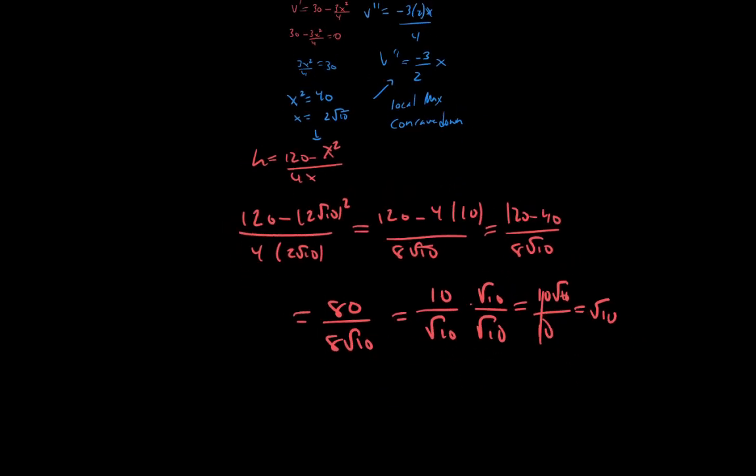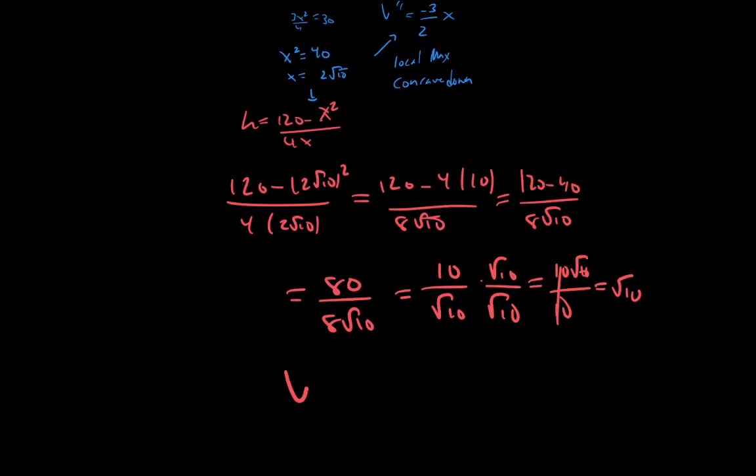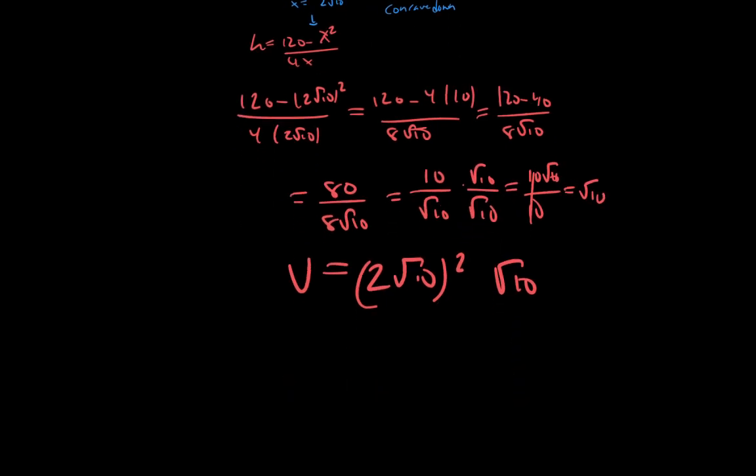for our H. So then our volume was 2 root 10 squared times H, root 10, and that's equal to 2 root 10 cubed, or 20 root 10.